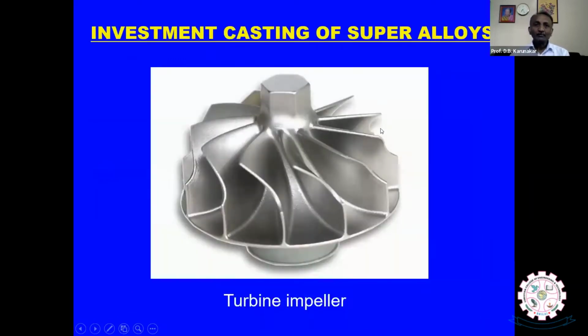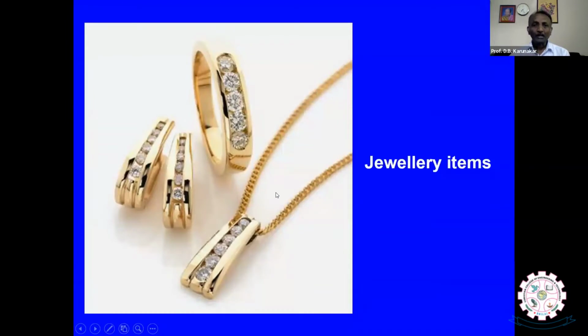Now investment casting of super alloys, you see, so this is the turbine impeller. Just imagine the complex features of this impeller, very difficult to manufacture using any other process. But through the investment casting process, yes, this is possible. Now you see, jewelry items.